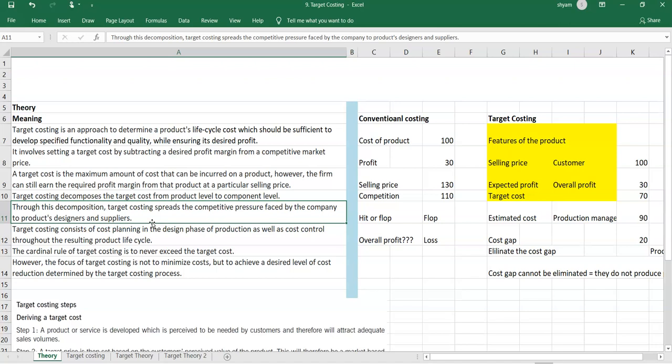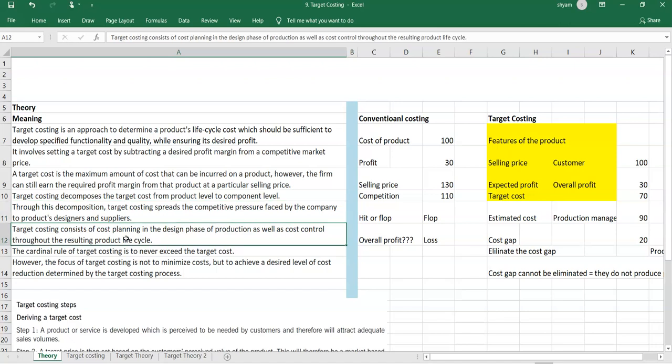The pressure has to be evenly spread among the R&D managers, production manager, distribution manager, marketing manager, or even the supplier. It can even extend to the retailer and wholesaler also. Even they are part of the chain here. So don't put pressure only on the production manager here.